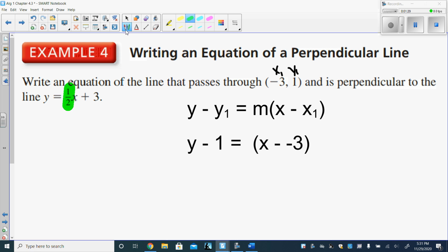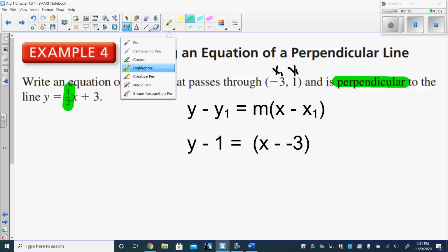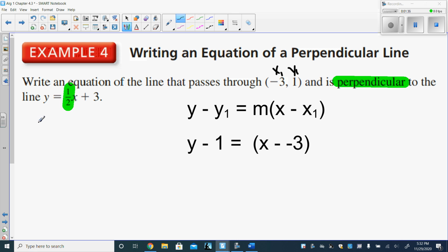Now for this here, it says that the line we're looking for is perpendicular. And when we have a perpendicular line, the slope of a perpendicular line is the opposite reciprocal. So if I'm looking for the perpendicular slope, it has to be the opposite reciprocal.